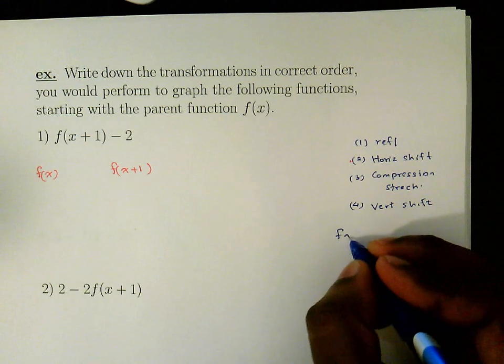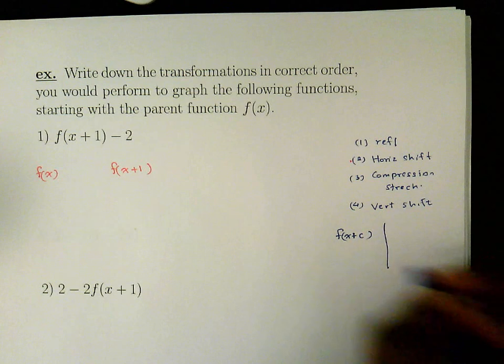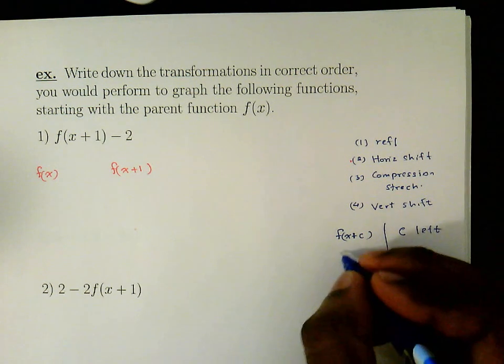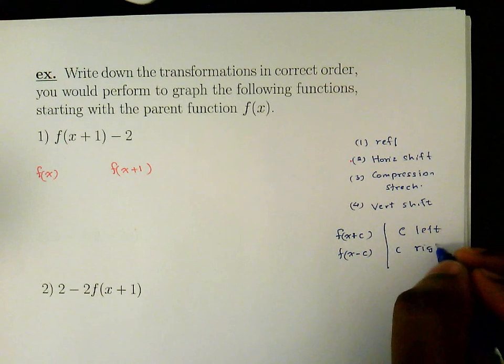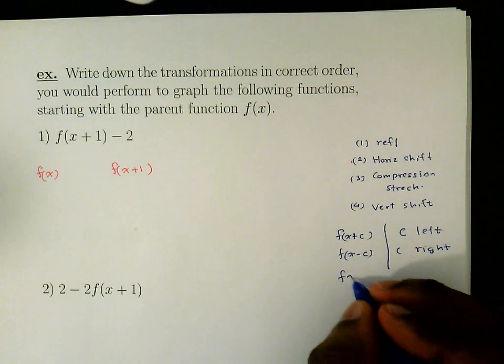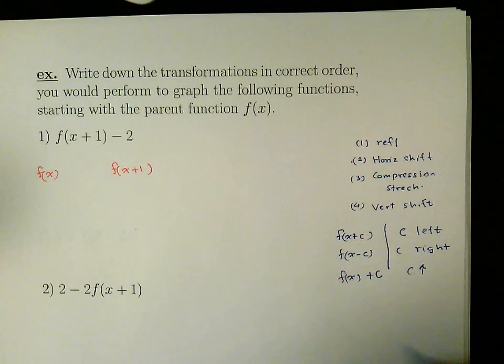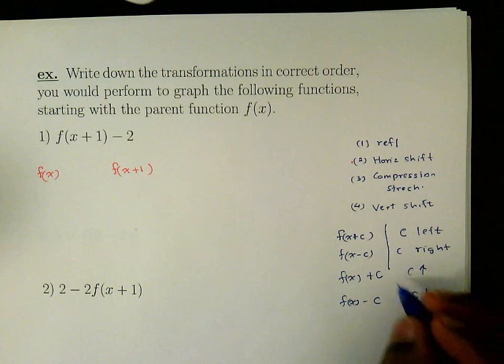So f(x plus c), that's c left. f(x minus c), c right. f(x) plus c on the outside, c up. f(x) minus c, c down.